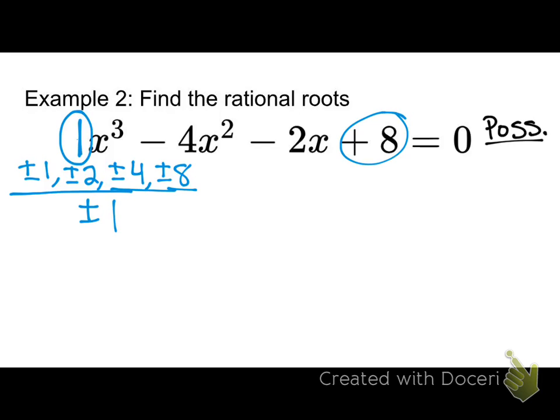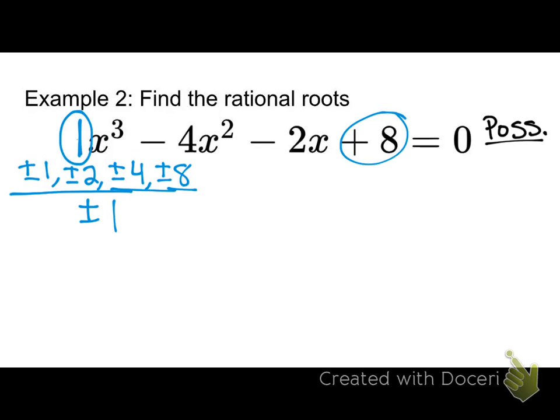Plus or minus 1. What else? Plus or minus 2. Plus or minus 4, plus or minus 8. It's easier when our denominator is a plus or minus 1, right?